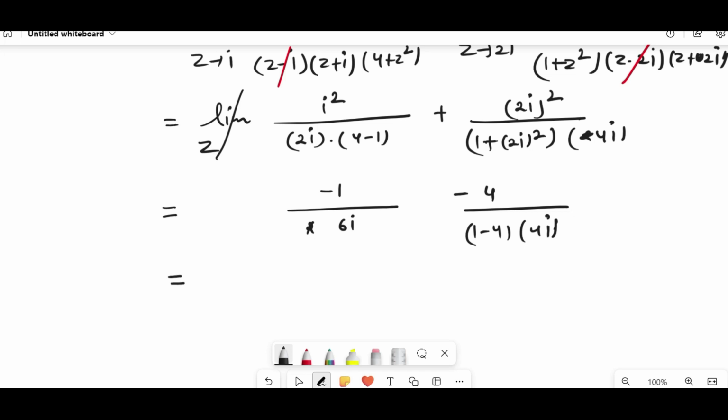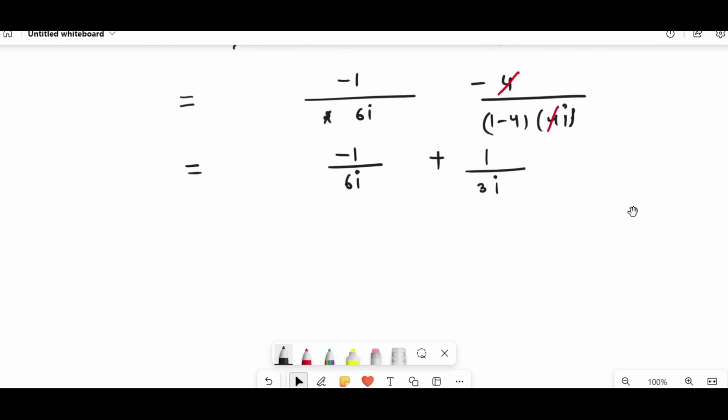So this will give negative 1 upon 6i, and it will give 1 upon 3i, as the 4 gets cancelled out.